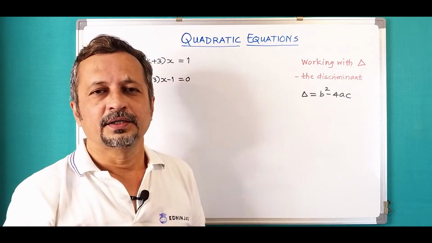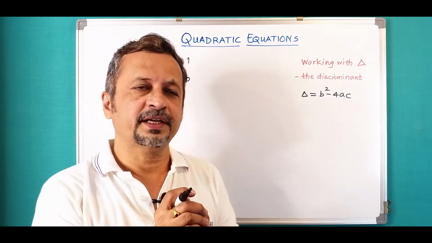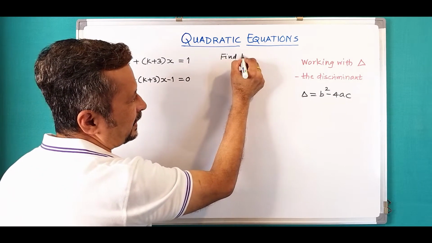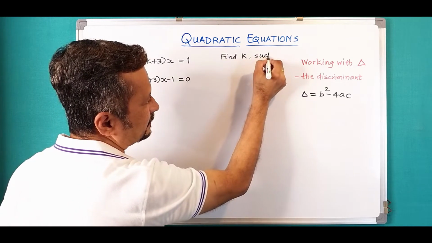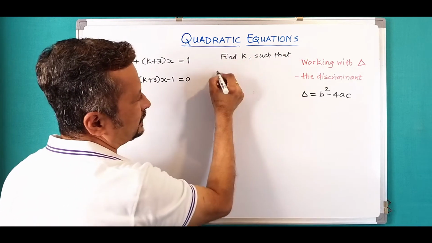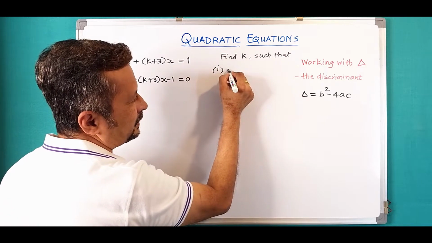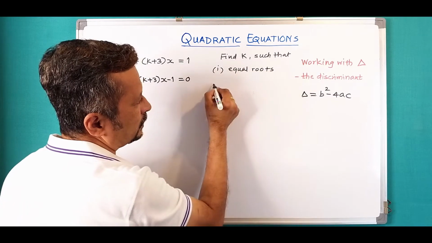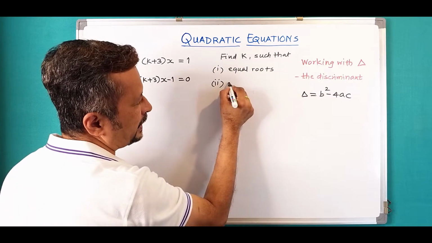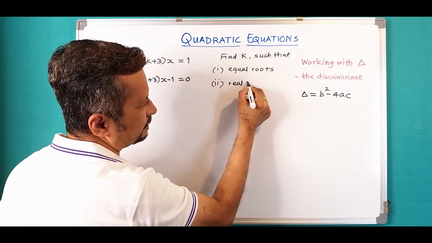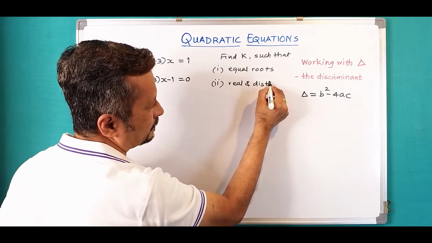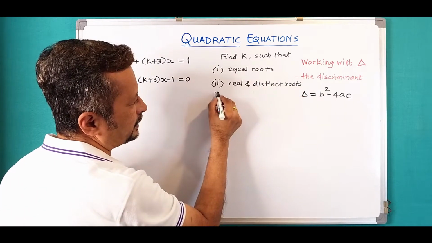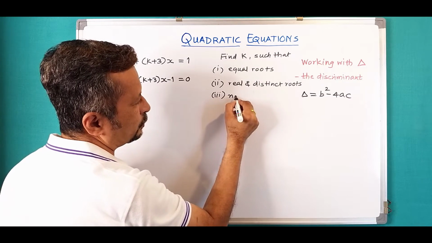Now the objective of this quadratic equation is that you have to find k such that you get, number one, equal roots, number two, real and distinct roots, and number three, no real roots.